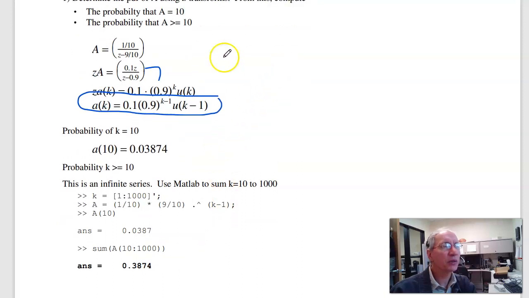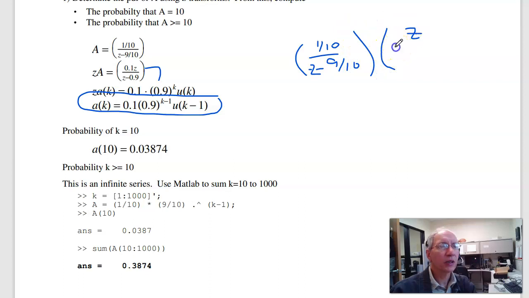I'll mention the CDF. What the CDF would do would be integrate this. Integration is z over z minus 1. So if we take A, z minus 9/10, that's the PDF. Integrate, which is times z over z minus 1. That's the CDF, cumulative distribution function.